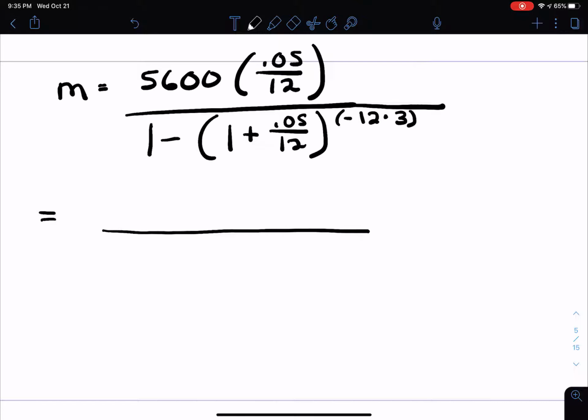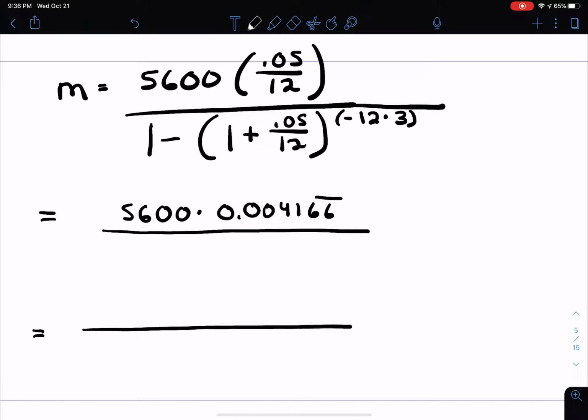So what I did is I put the 0.05 divided by 12 into the calculator and I got 0.004166. The 6s were repeating. And if you go ahead and multiply that together, you get 23.33 repeating on top.